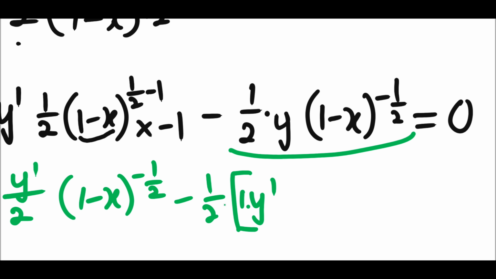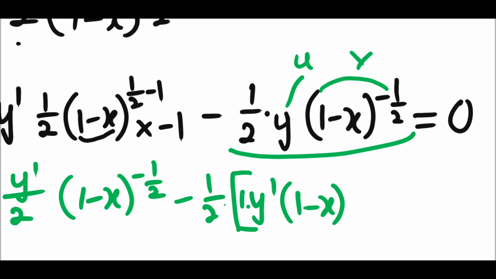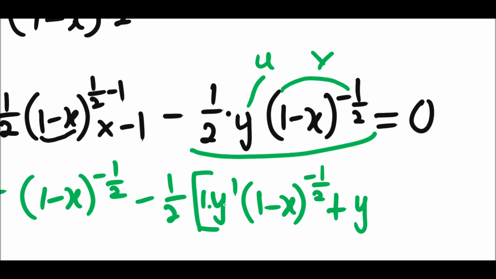Then we can take this one to be our u and the whole of this to be our v. So we maintain v, which is 1 minus x in bracket having a power of half. Then plus, you now maintain your y, then you differentiate this one. When you differentiate this one, you bring the power down, which is negative half.